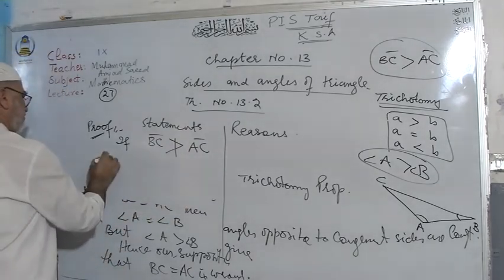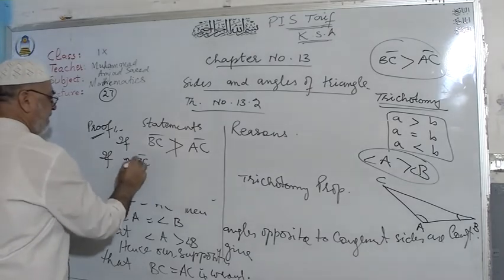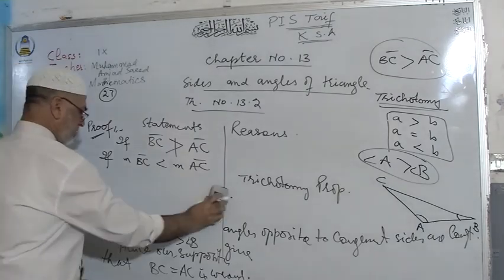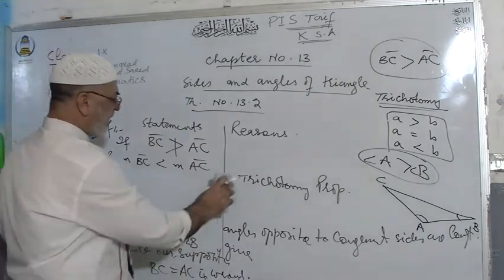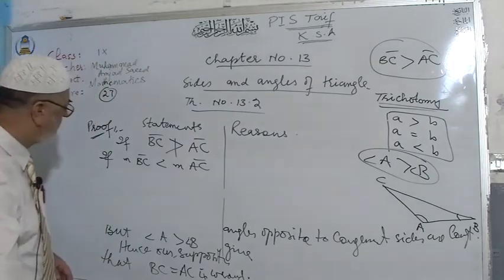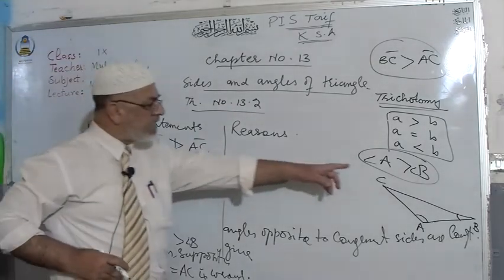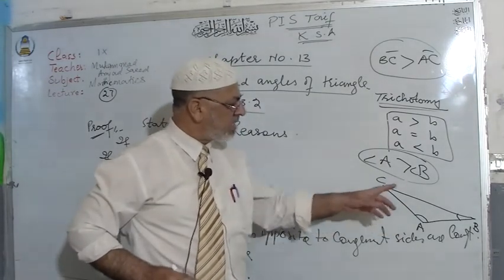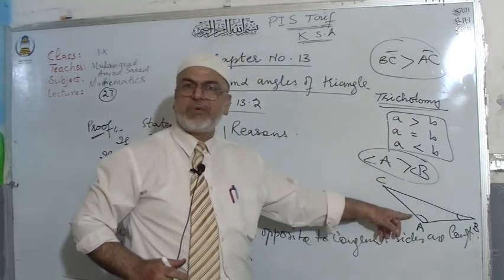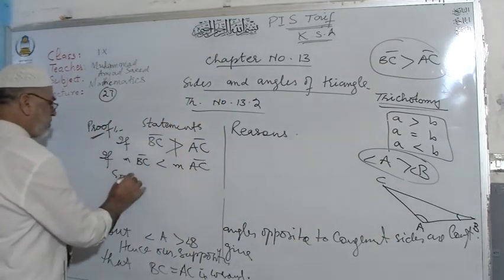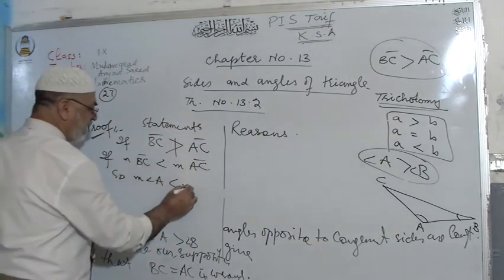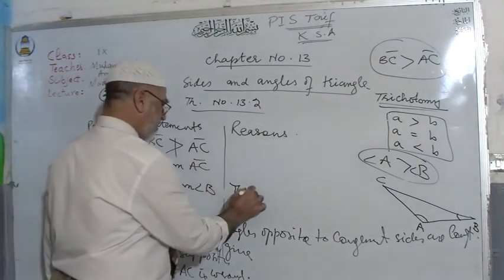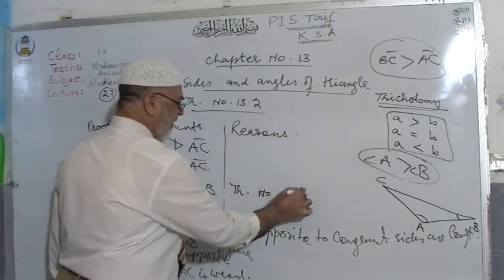Second, if BC is less than AC, then what will be the result? If BC is less than AC, then according to theorem number 1, the smaller side will have the smaller angle opposite to it. So it means that angle A will be less than angle B. Theorem number 13.1.